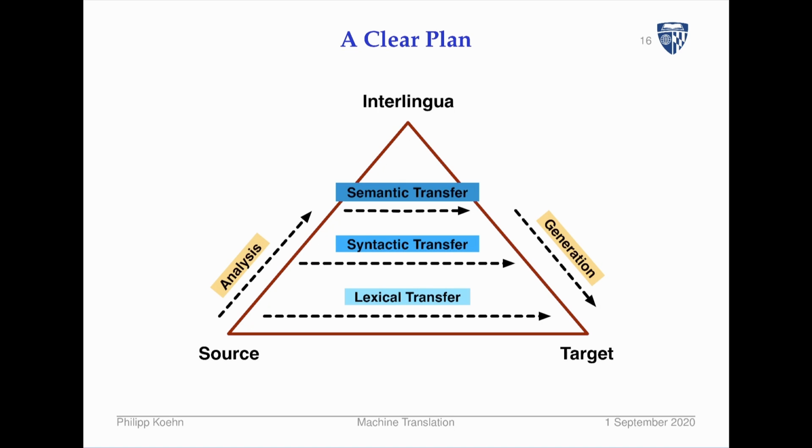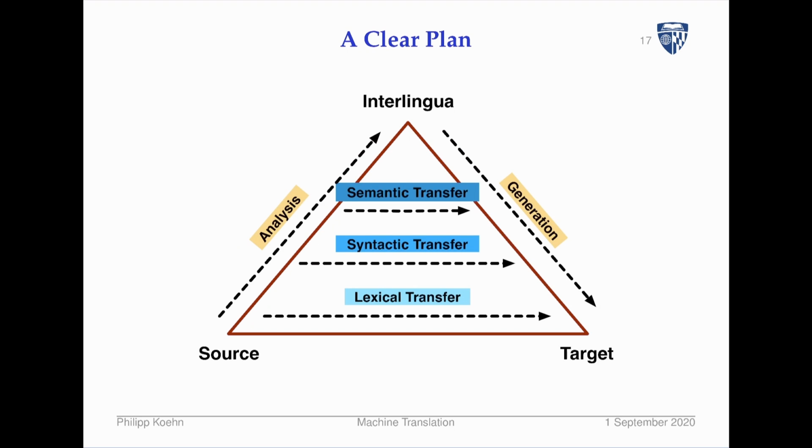And ultimately, the goal is to do interlingua translation. So if you have a meaning representation that is true beyond all languages and can be used for all languages, then you don't have to do any transfer anymore. You just do an analysis into that interlingua representation, and then from that interlingua representation, you generate the target output.